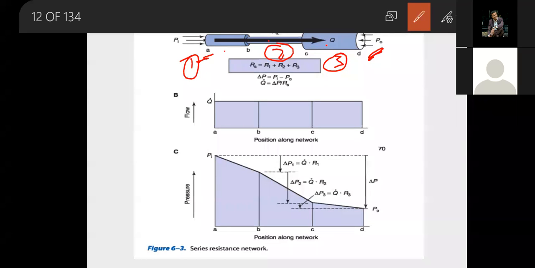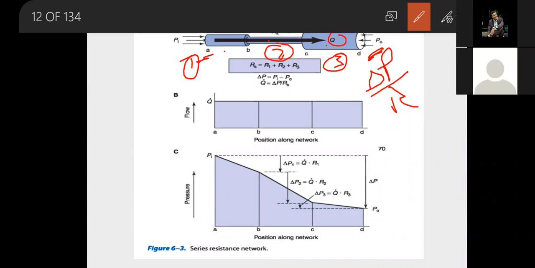So as long as R2 is narrower, it has a higher resistance because the smaller the radius, the higher the resistance. And for us to know the flow, we need the delta pressure and the resistance. So we need the total resistance. We need the difference in the pressure between P1 and P2.